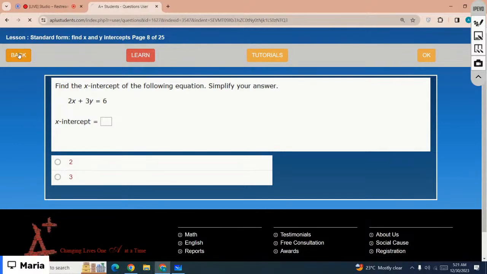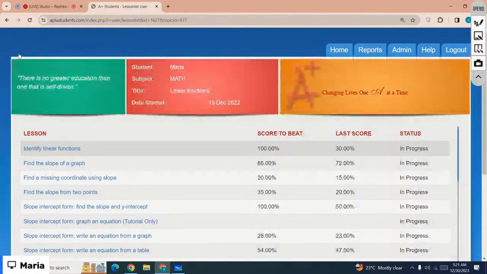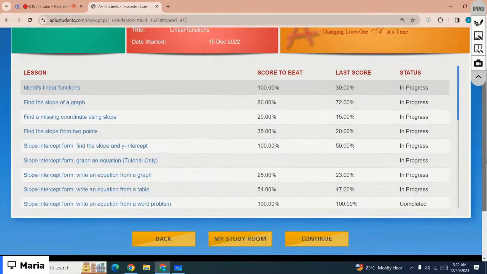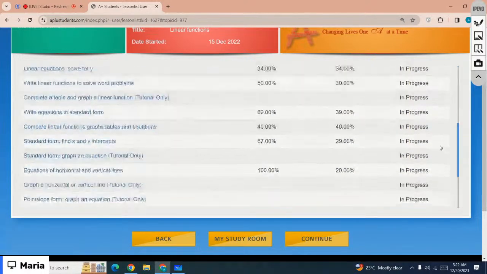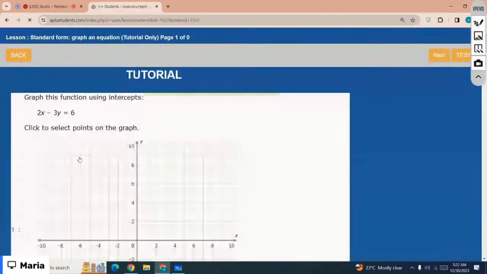And the next lesson is standard form graph and equation. You are given an equation in standard form. How do you graph the equation?